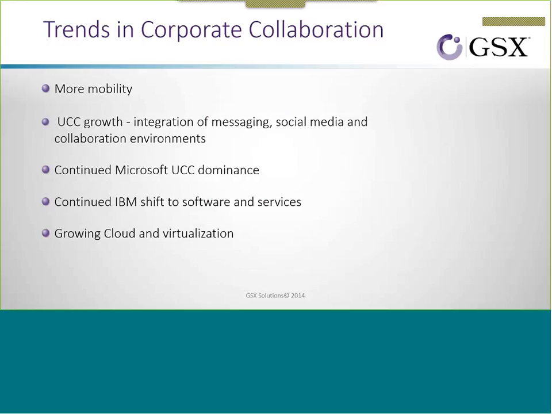Microsoft is certainly a dominant player in this, but there are other players that need to be addressed as well, like Google and IBM. IBM is interesting because they're clearly shifting away from their hardware and box business towards a software and services business. Finally, a very important trend is the cloud and virtualization trend, which any collaboration strategy needs to address.